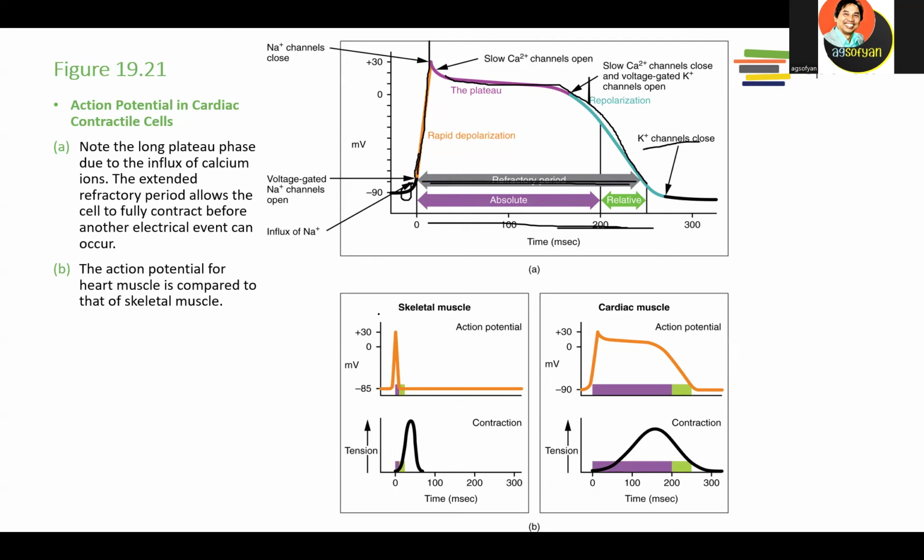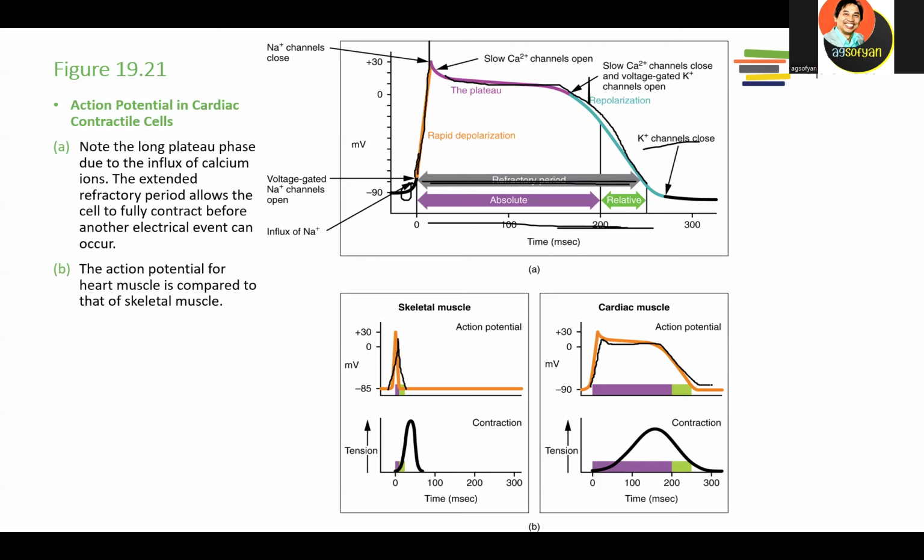When we compare skeletal muscle and cardiac muscle contraction, you're going to see the difference over here. In the skeletal muscle, okay, the contraction is really fast, within several milliseconds, less than 100. But if you see the cardiac muscle contraction, it takes a longer contraction over here.